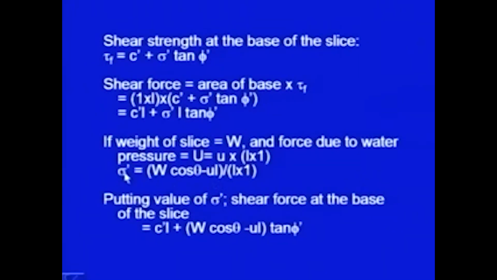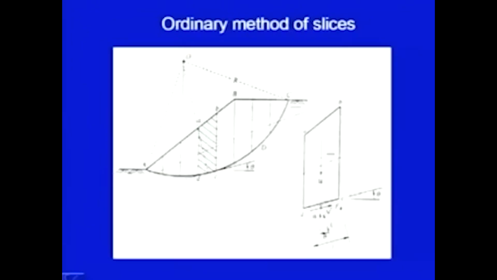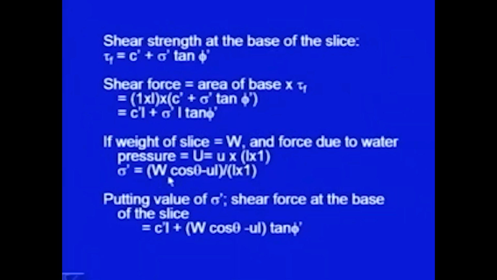So, sigma dash will be equal to, if the weight W is acting in the vertical direction, take its component which is perpendicular to the sliding surface. That is W cos theta minus the pore water pressure. This is the normal force, the component of the force acting normal to the failure plane, divided by area, and that gives you sigma dash.